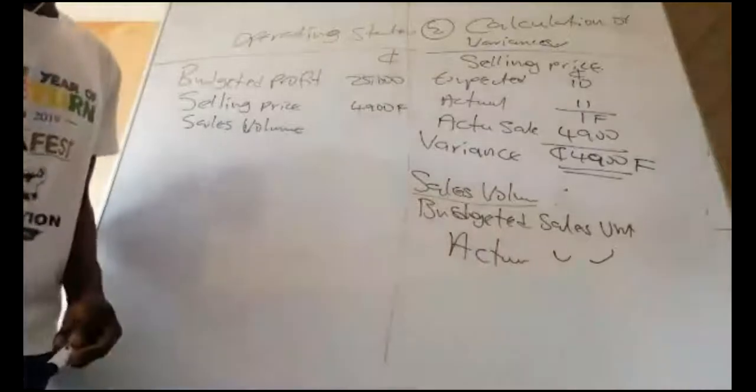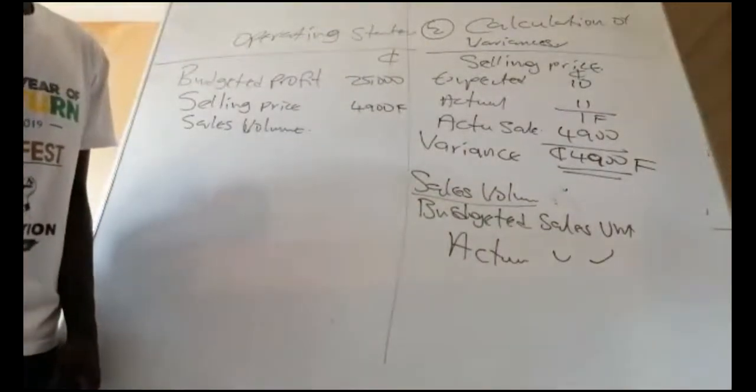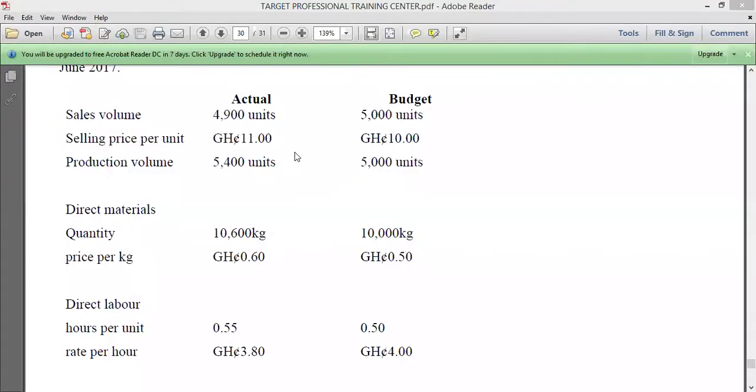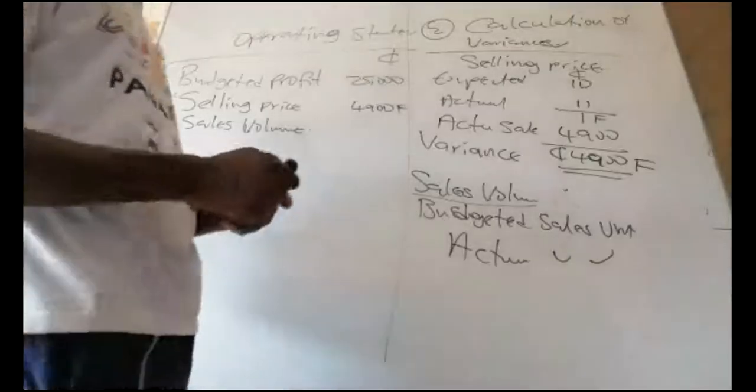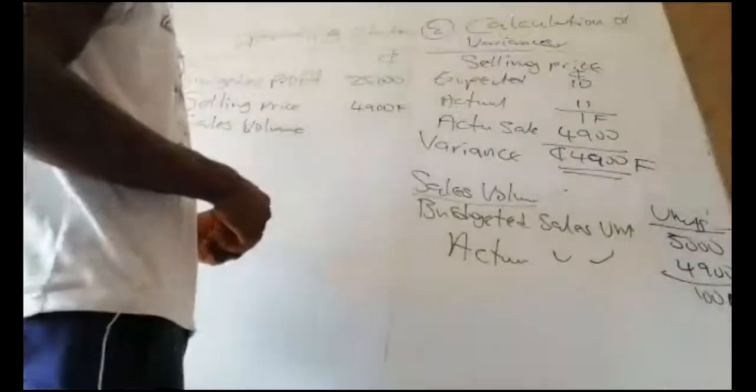From the question, the budgeted sales unit is 5,000. Actual is 4,900. So 5,000 and then 4,900. Therefore, there's 100 adverse, right? Because we sold lesser than the standard or the budgeted.